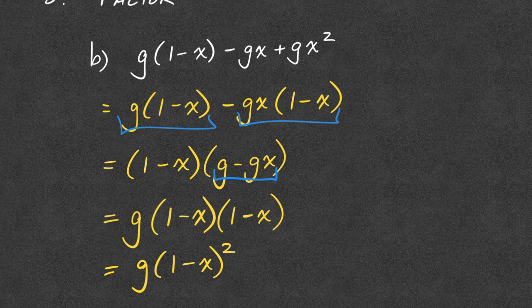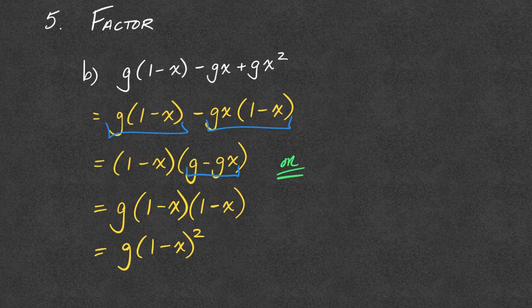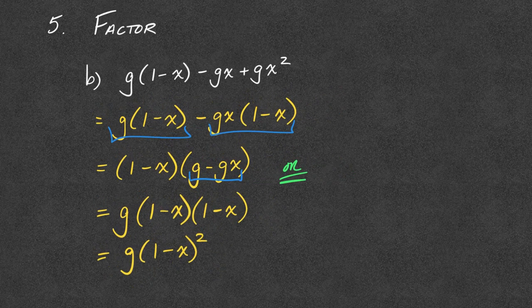Okay, what if we tackle it a different way, though? My suggestion to you is always, always, always look for a common factor first. But because of those brackets in that first term, maybe you just zero in on that as one term, and then these distinct second and third terms that you get focused on factoring by grouping.